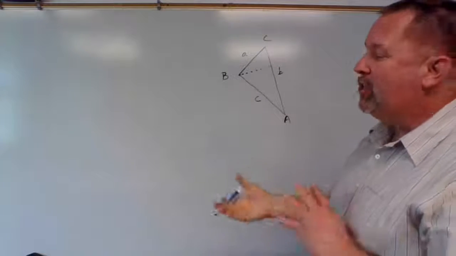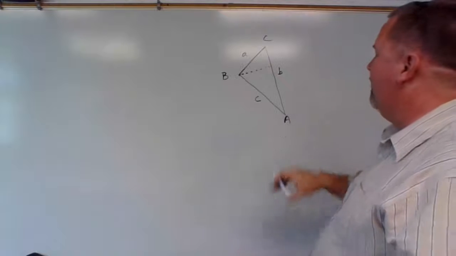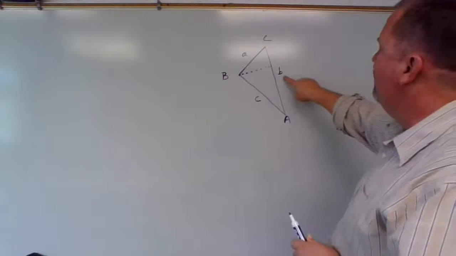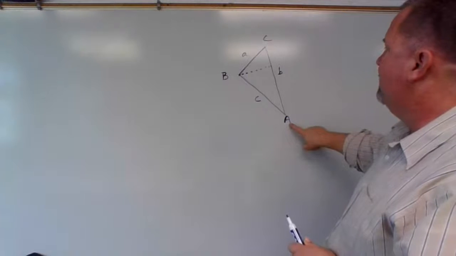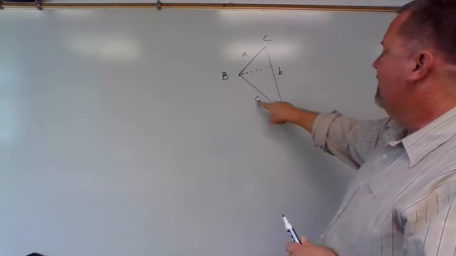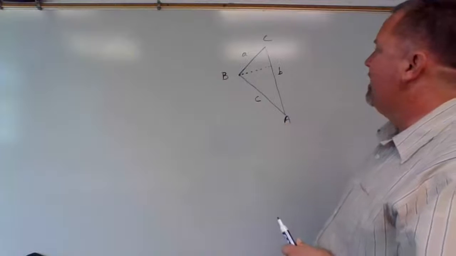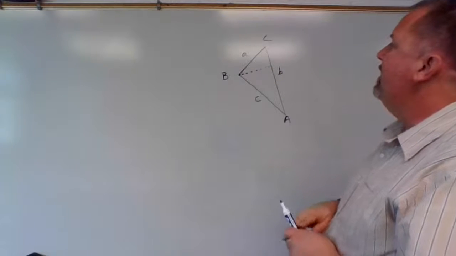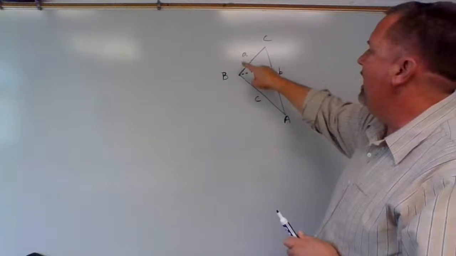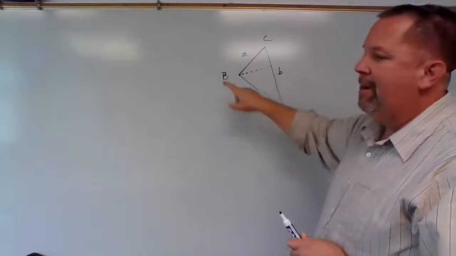And I can switch that formula up depending on what information I know. If I know this side and the angle in between, it's going to be 1/2 B times C times sine A. If I know this information over here, the area is going to be 1/2 A times C times sine B.